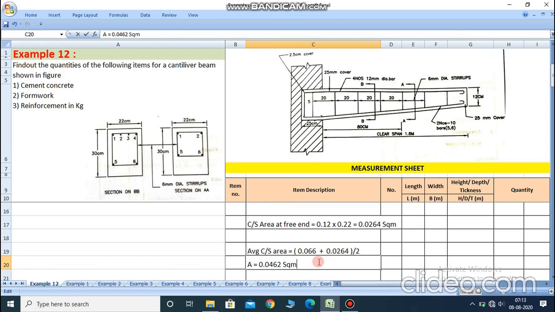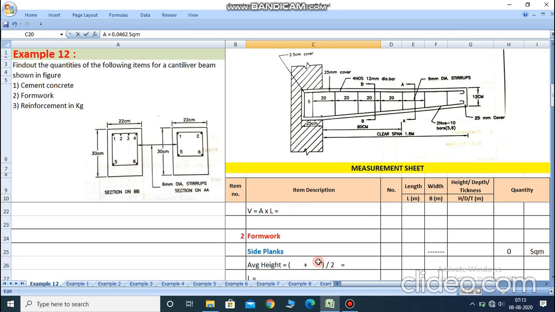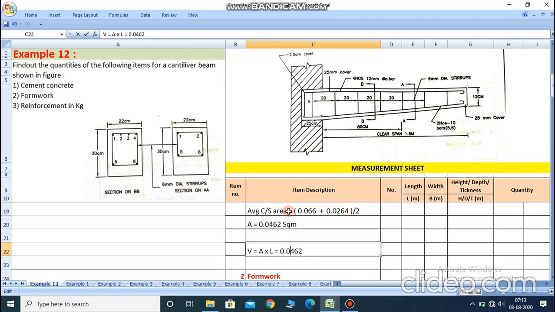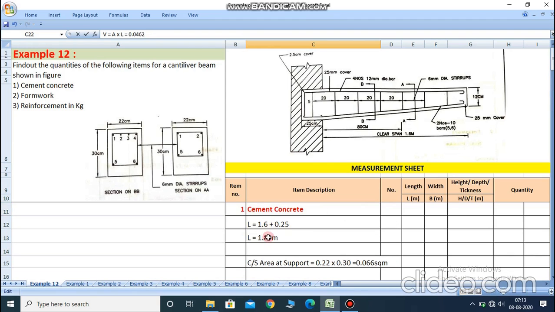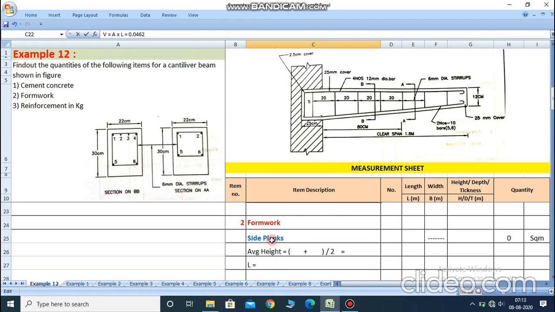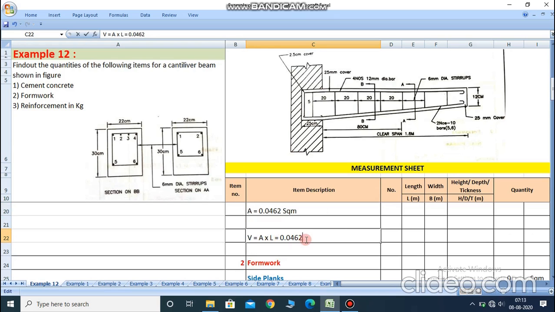Now the total volume of the concrete is area into length. The area we already found, 0.0462, see the calculation above, and the length we already calculated, 1.85. So put here 0.0462 multiplied by 1.85.